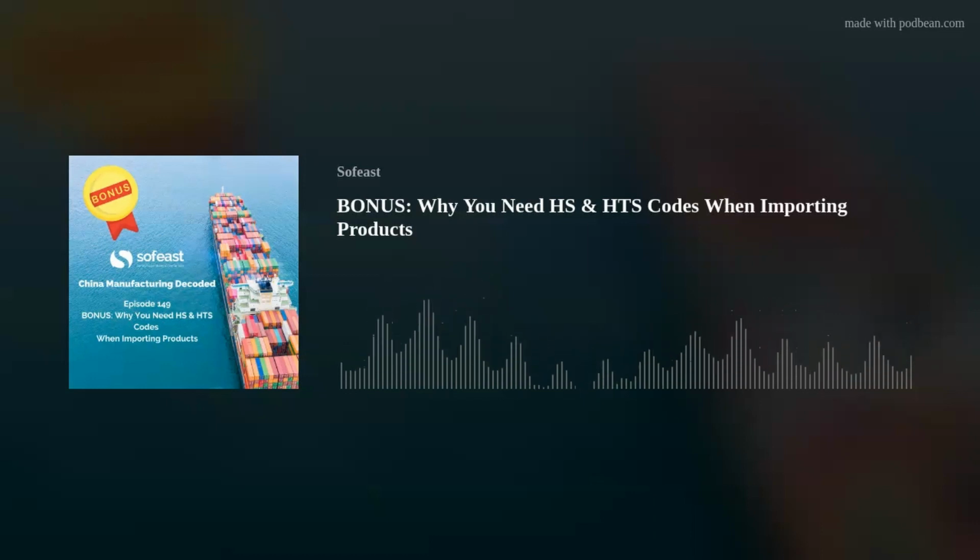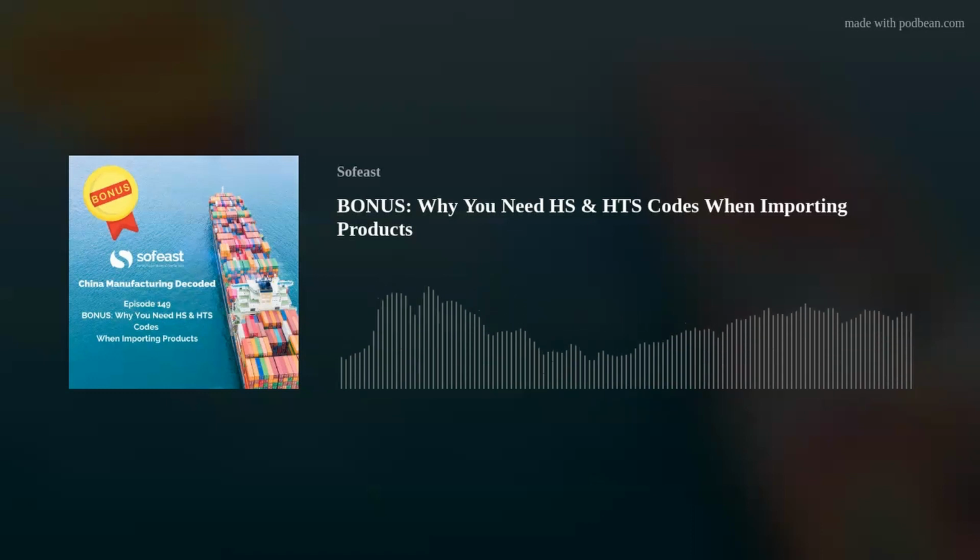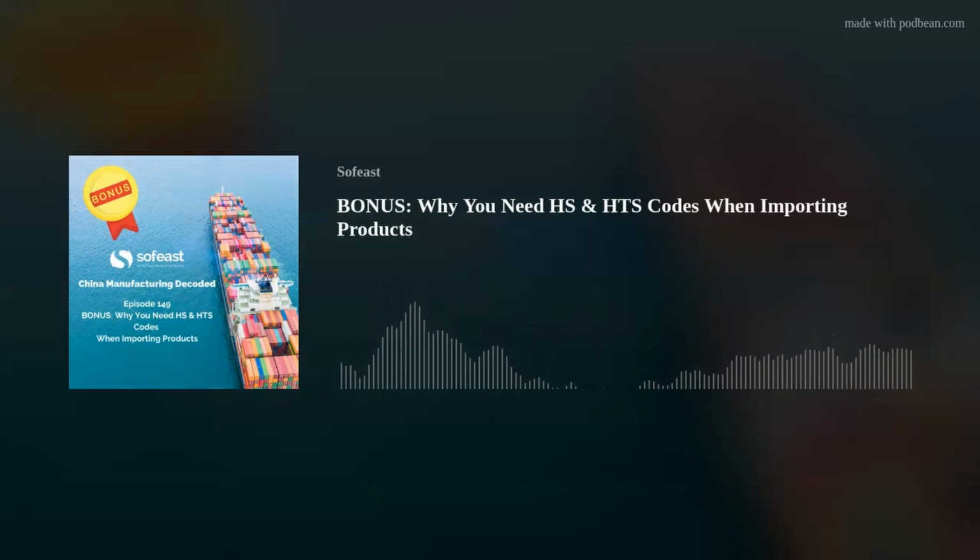He didn't check whether the packaging material was on the list of the Trump tariffs. The total value of the goods in the container was about $20,000 US, and he ended up paying about $5,000 for the 25% tariff, plus the crazy shipping costs to the United States at that time during COVID, which were also above $20,000 US.